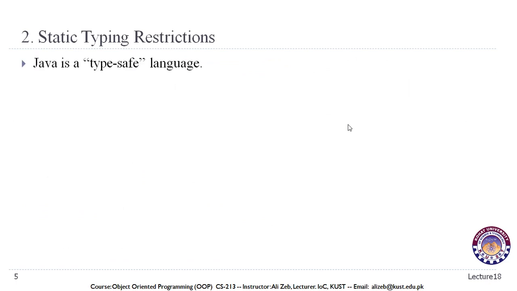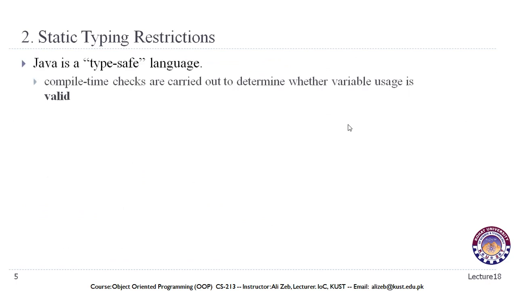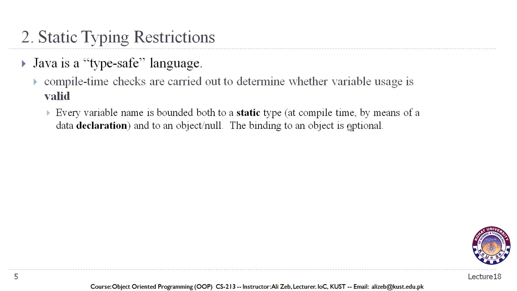Java is a type-safe language, and compile time checks are carried out to determine whether variable usage is valid. When we declare a variable in Java, we declare it with a certain data type. Java requires that when we assign a value to that variable, the value matches the data type that we have declared the variable with.